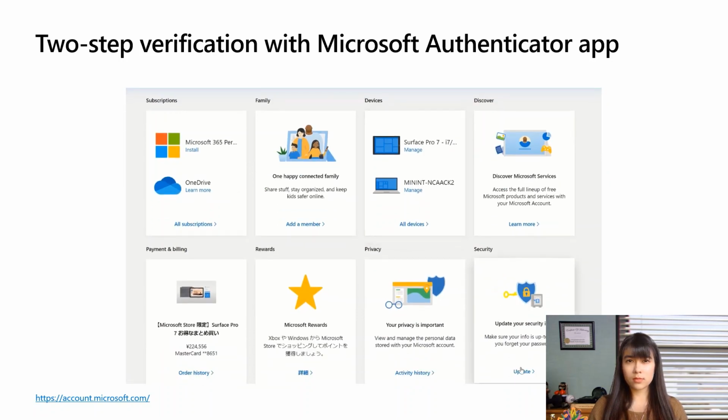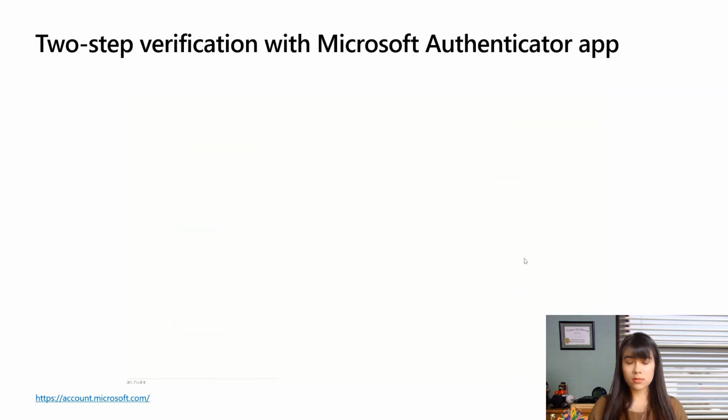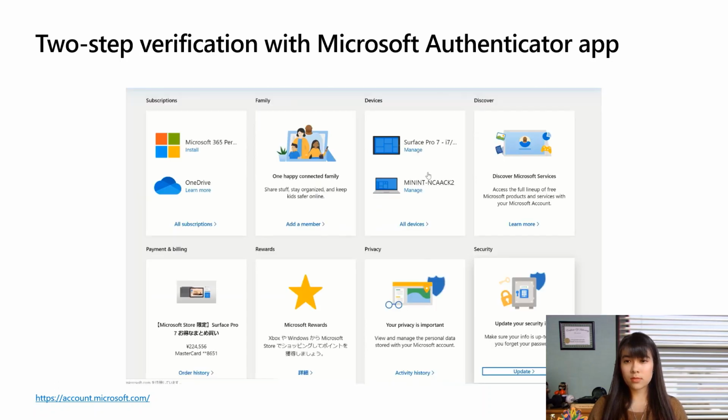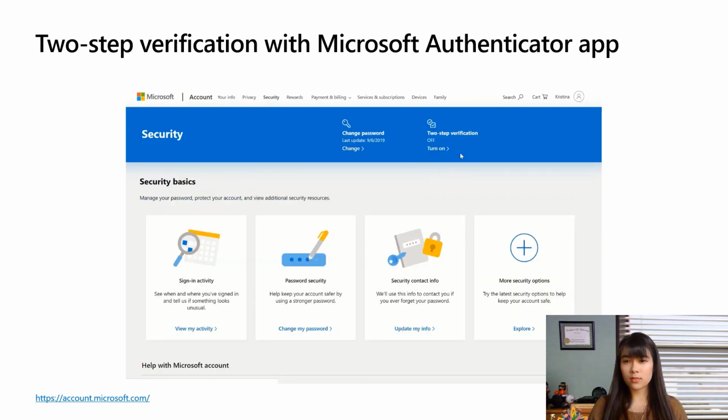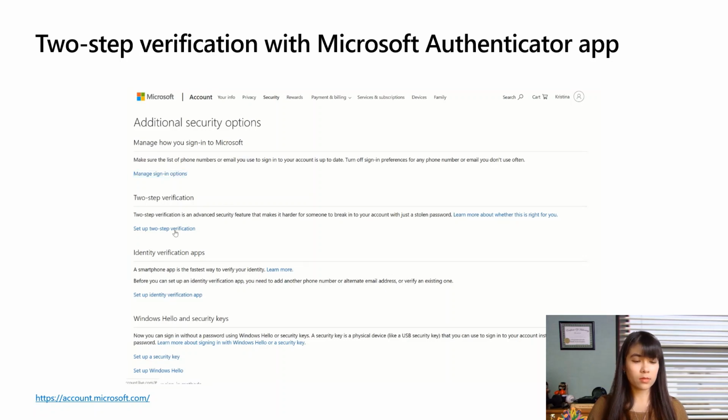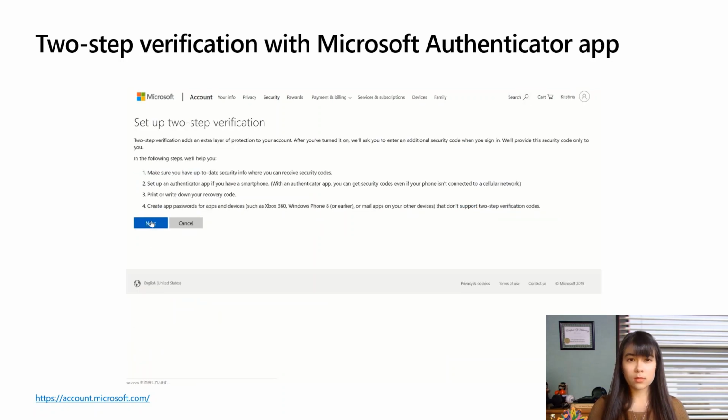We go to security, okay, let's sign in again. And right here on the top we have two-step verification. So you can also go from here, more security options. If you just click here, turn it on, and set up two-step verification. You read the instructions, push next.